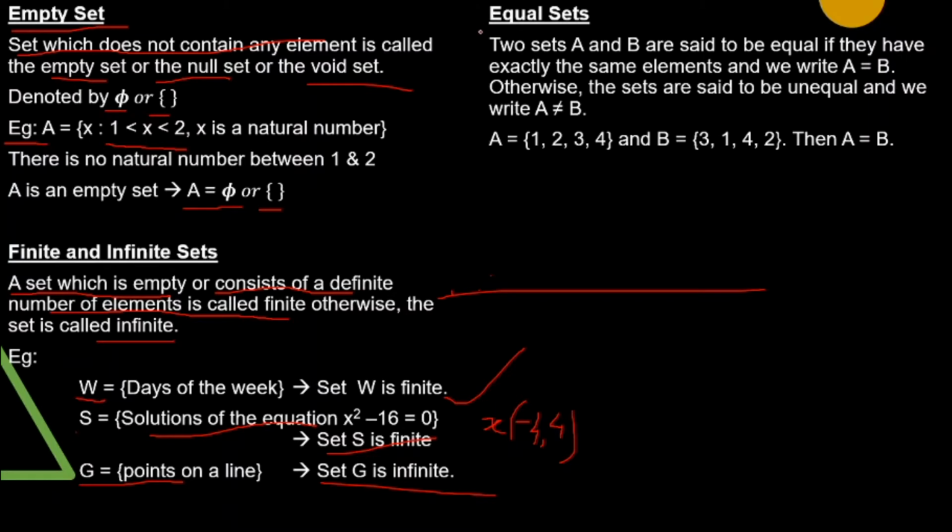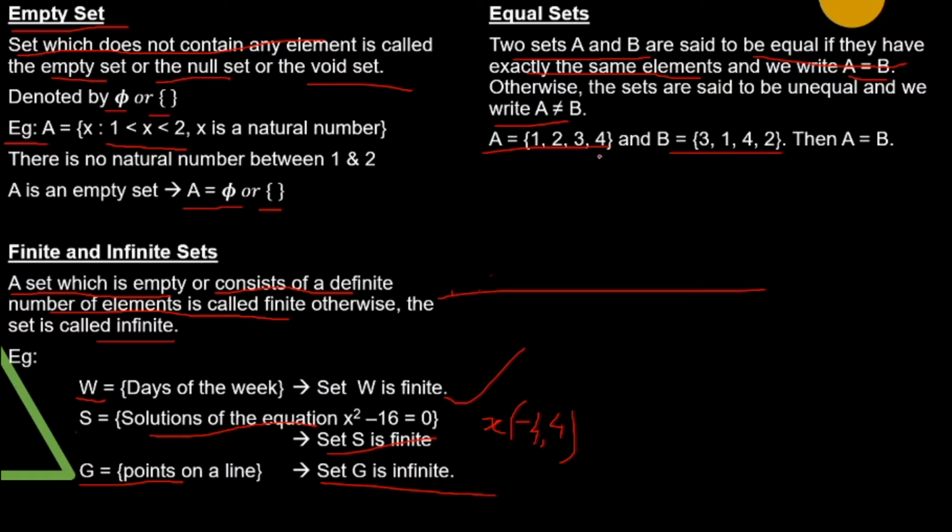Next, equal sets. Two sets A and B are said to be equal if they have exactly the same elements, and we write it as A equal to B. Otherwise the sets are said to be unequal, and we write it as A not equal to B. Here we have an example. A equal to 1 2 3 4 and B equal to 3 1 4 2.